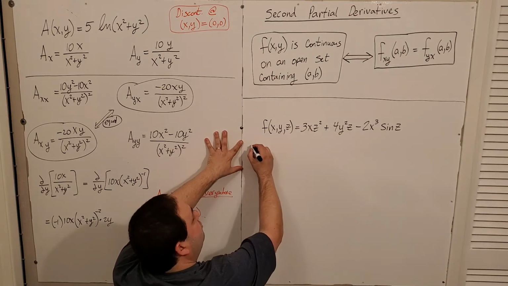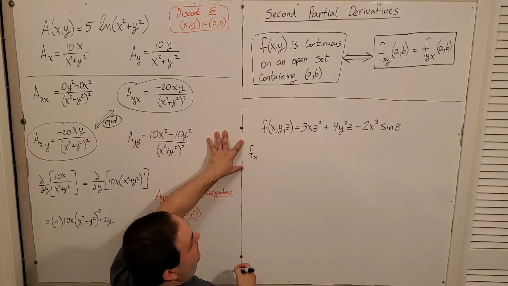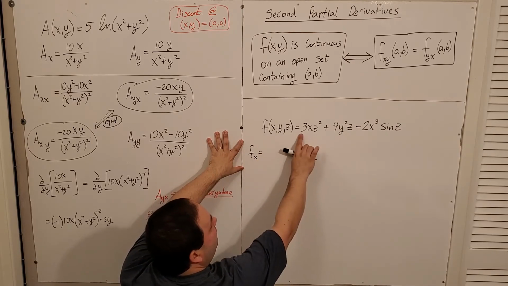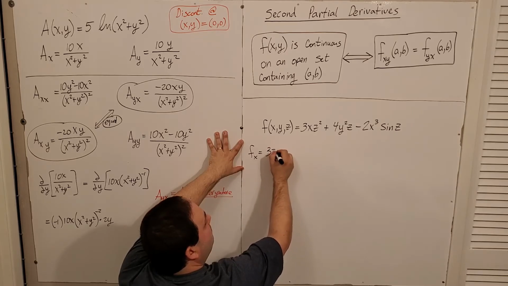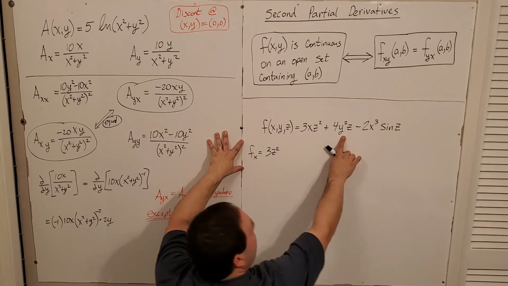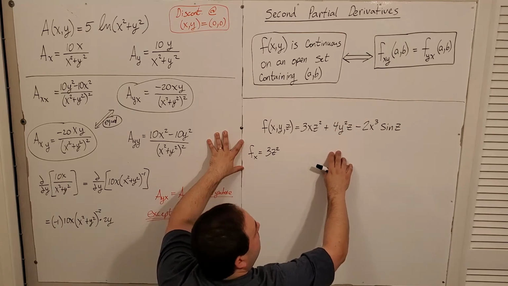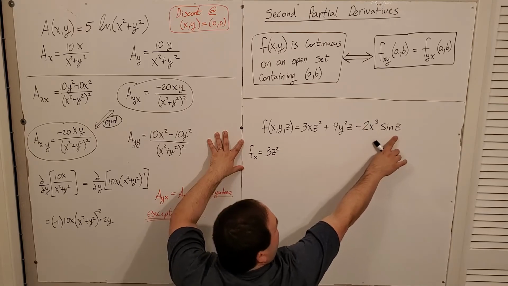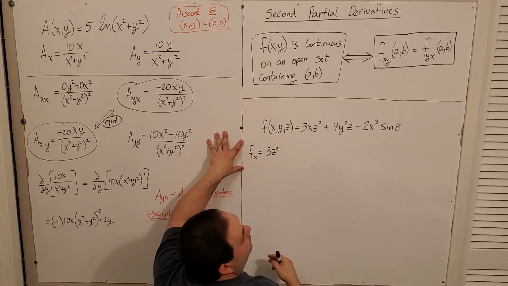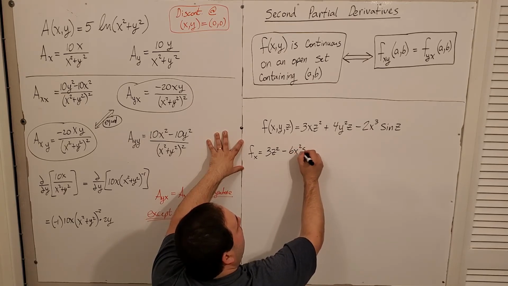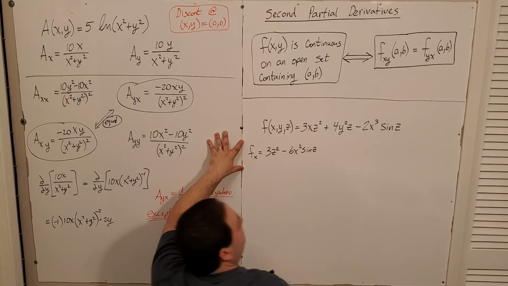What would the partial derivative of f with respect to x be? Go through the list here. I would have 3z squared, because the derivative of x is 1. This would be 0, so that's gone. And then here, I would do my power rule, and the sine of z is constant. That's just along for the ride. So I'll have minus 6x squared sine z.